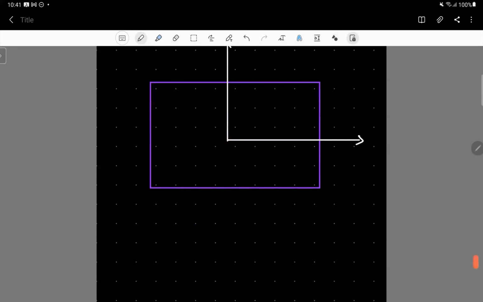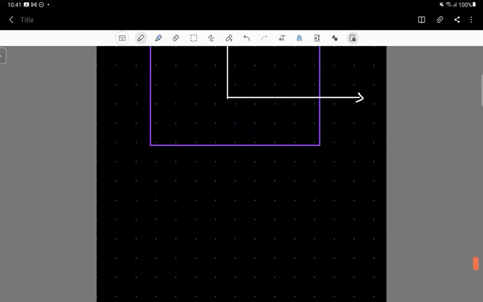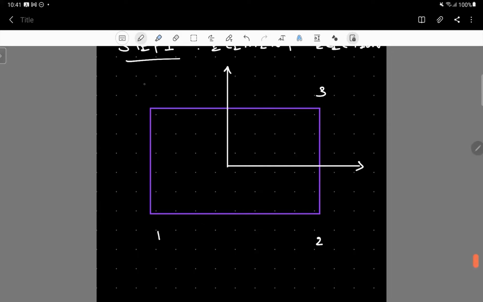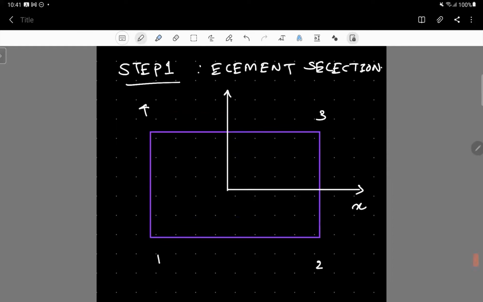The simple plane stress rectangular element has 4 nodes. Let's write down the nodal labels in the counterclockwise manner: 1, 2, 3, and 4. And the coordinate system is x and y.